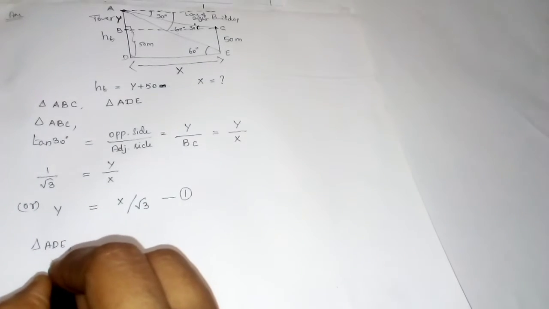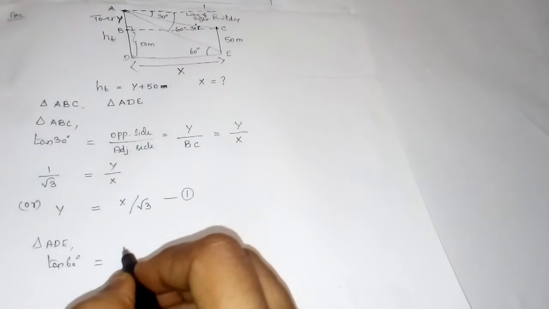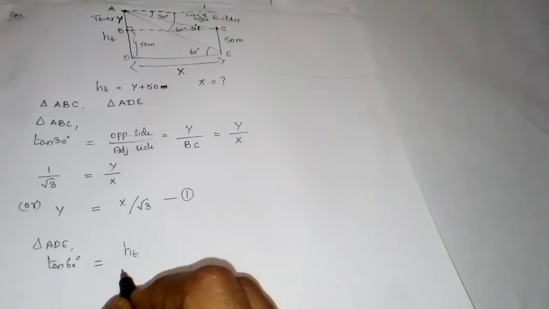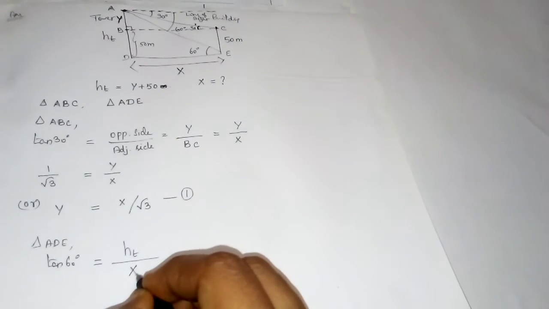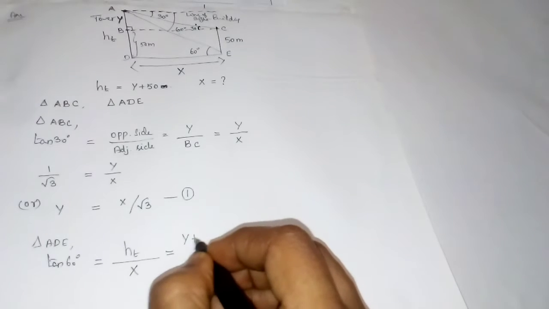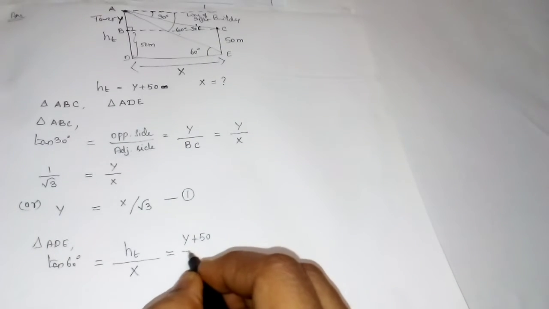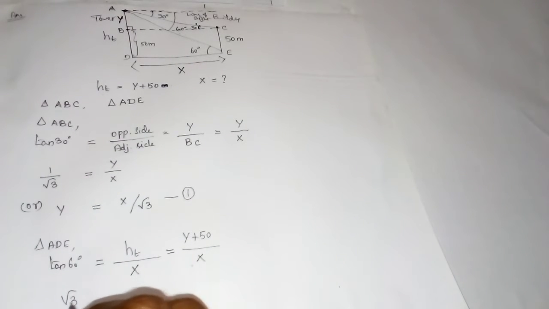So tan 60 degrees is equal to the height of the tower divided by the horizontal distance x, that is y plus 50 divided by x. Tan 60 is root 3, we know.